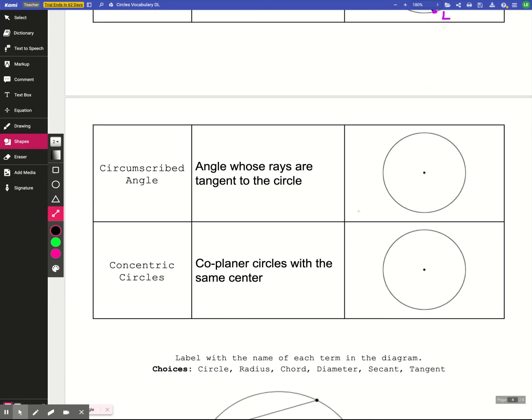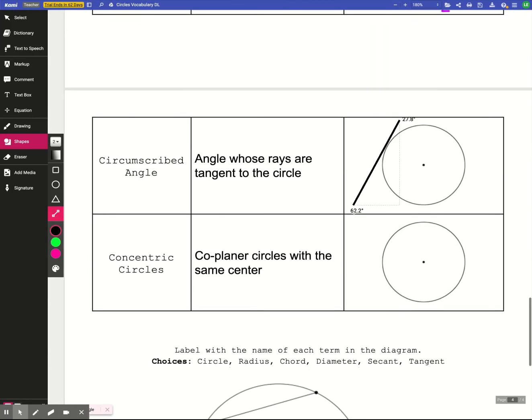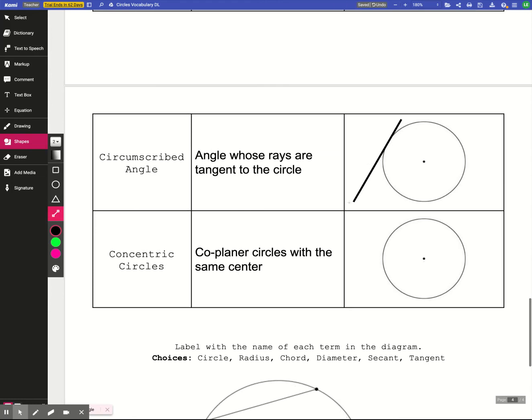For a circumscribed angle, your vertex will be outside the circle, and the two rays that make up the angle will be tangents. So notice that both of these rays, and I really should have arrows on either end, only touch the circle in one spot. So my circumscribed angle is here.